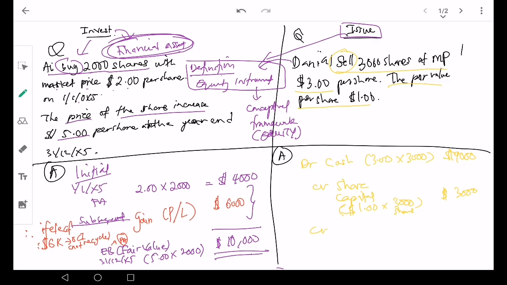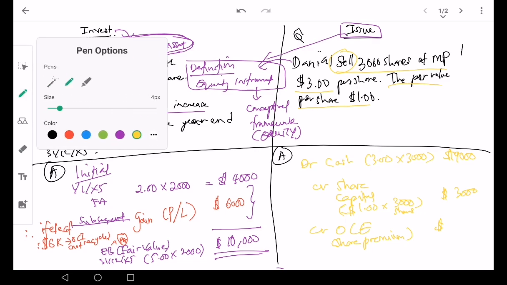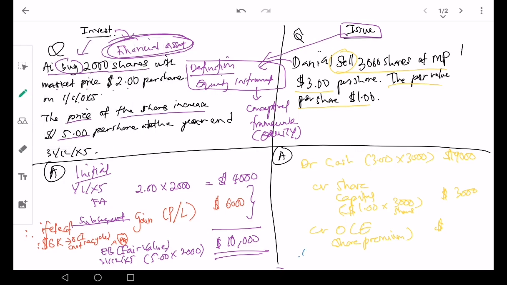Credit the OCE, other component of equity, I repeat. Or you can also put it as share premium, but OCE must be mentioned. So what is share premium, class, or other component of equity? It is the difference between the market price and the par value. So can I know, class, what is the difference?